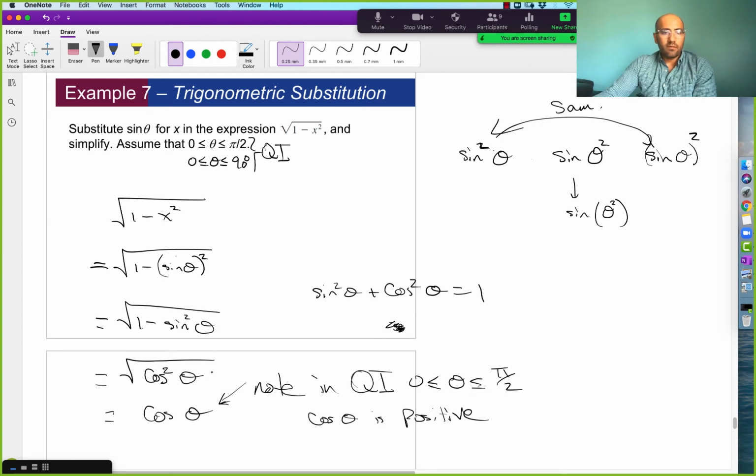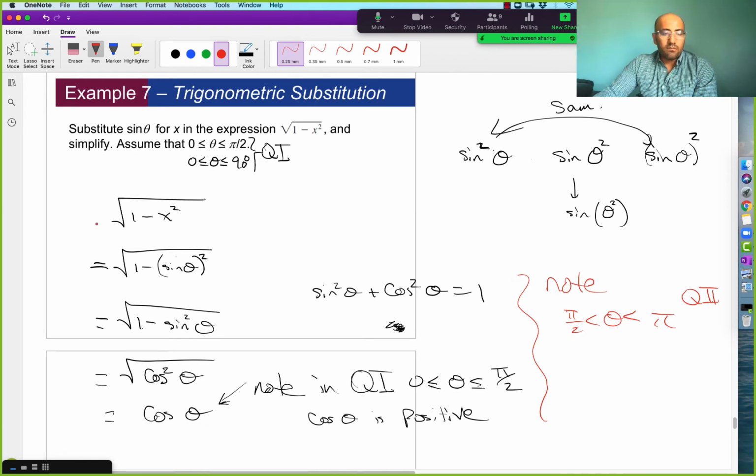Kind of, maybe? What would have happened if they told me for sure that theta, let's consider, if they had said, no, theta is definitely bigger than pi over 2, less than pi, therefore it's in quadrant 2. How would that change things? Well, if theta is for sure in quadrant 2, I know that this answer is negative.